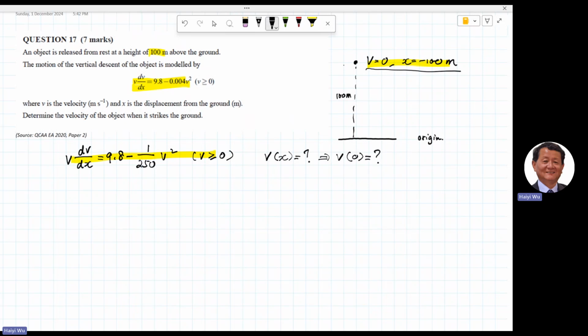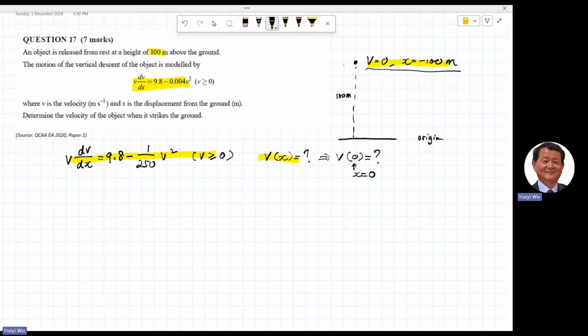What is the velocity when the displacement is 0? Now we're going to start doing the v(x) first. How do we find a velocity function in relation to displacement?